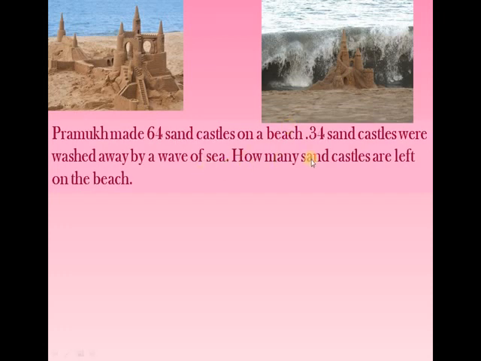How many sand castles are left on the beach? He made 64 castles and out of that 34 were washed away. That means there is a loss. Very nice. So we need to subtract.